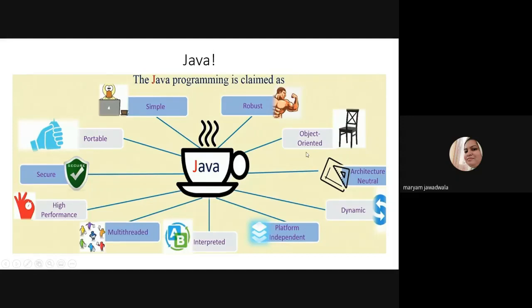Architecture neutral means we can combine it with platform independent system, meaning you can run Java on any platform, right? You can use any hardware platform to run your Java, any OS. You can use either Windows or any Unix platform to run your Java program, right? These are some of the features. We'll discuss each and every feature in detail later. You just remember the names of the features for the time being, right?